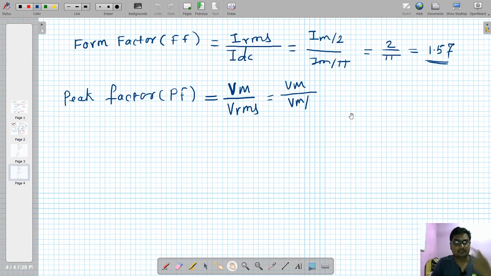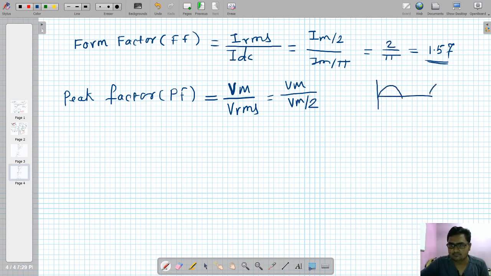So where we are in peak factor. Vm divided by V RMS, that is Vm divided by Vm by 2. I am writing Vrms equals Vm by 2 because we have already derived the RMS value of a voltage waveform. Look at this voltage waveform we got.